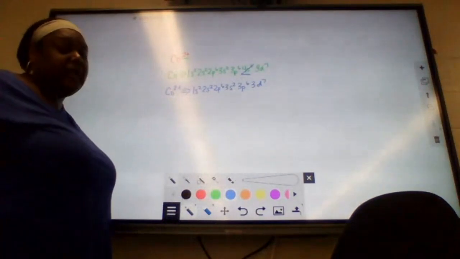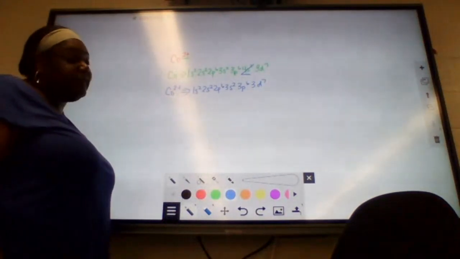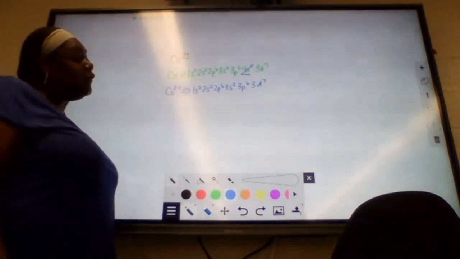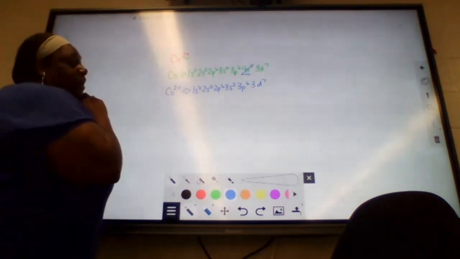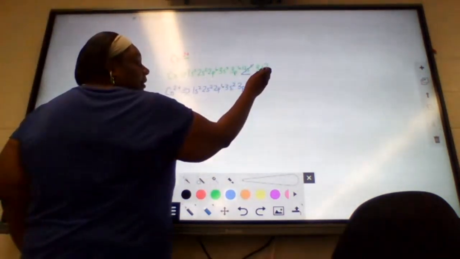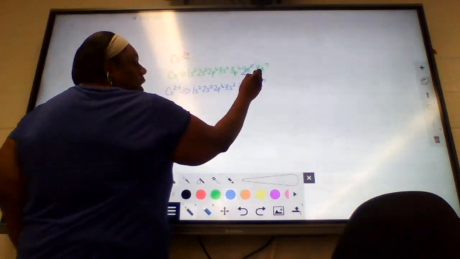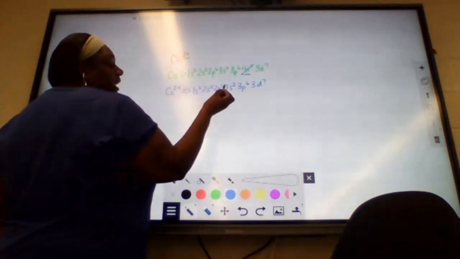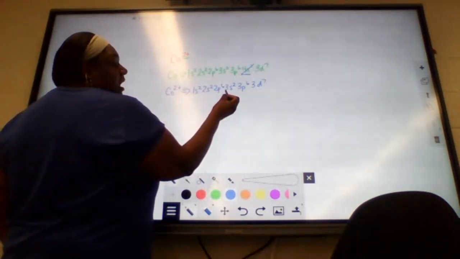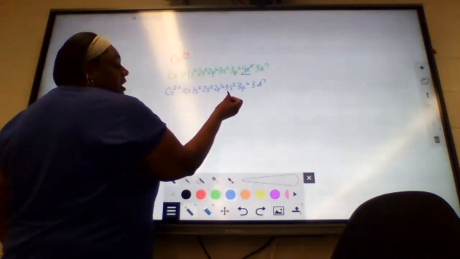Now, this is actually called a pseudo noble gas configuration, and it's pseudo because it's not exactly a noble gas configuration. The reason is that with noble gases, you won't have anything in your D block after your noble gas. But if we look now, we see that our highest energy level is 3.